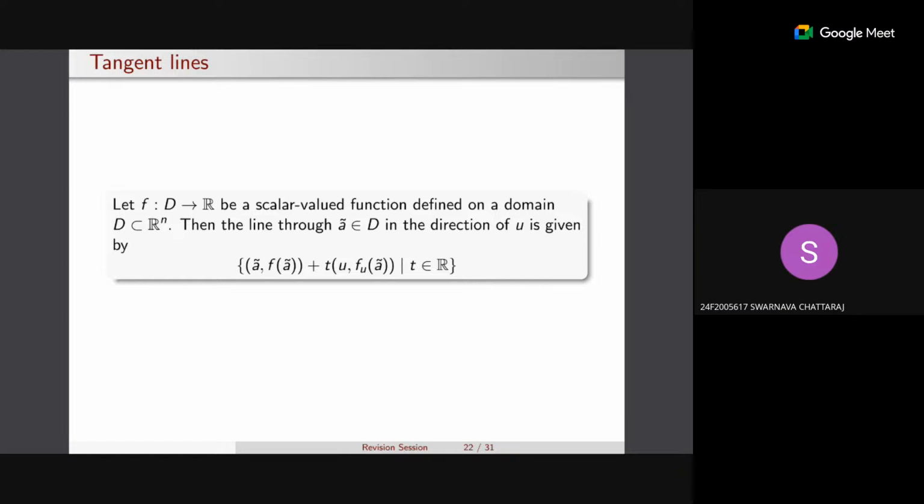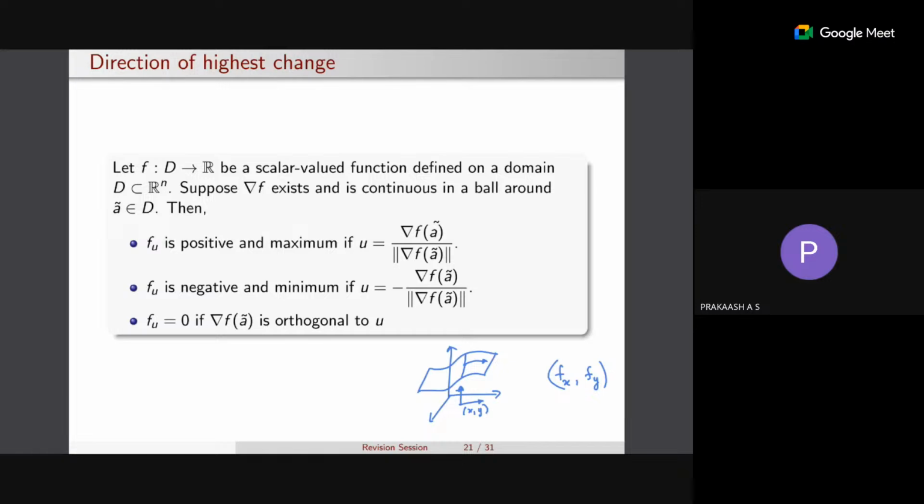Sir, can you give any example for that result? f_u is positive and maximum if del f by the norm of del f. So you can take any function that you like and you can check it, as long as the gradient does not vanish.